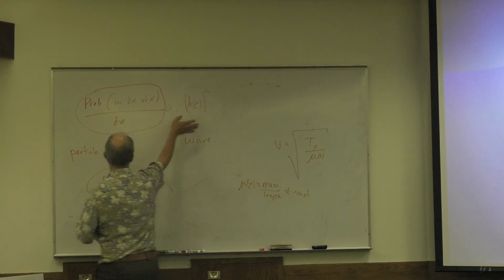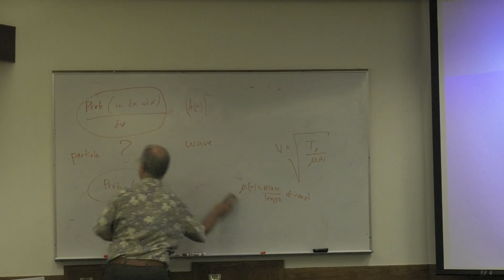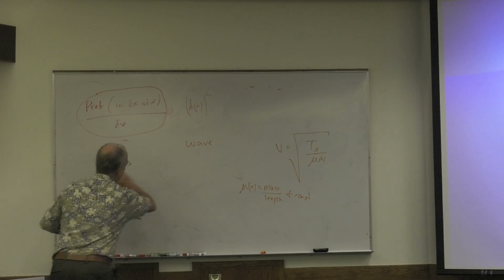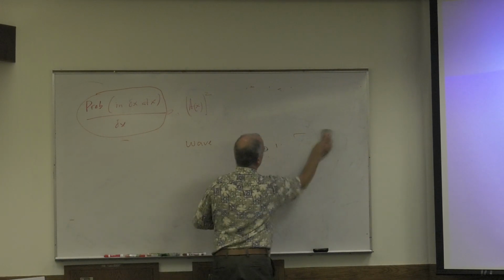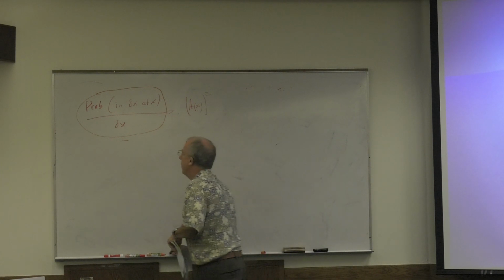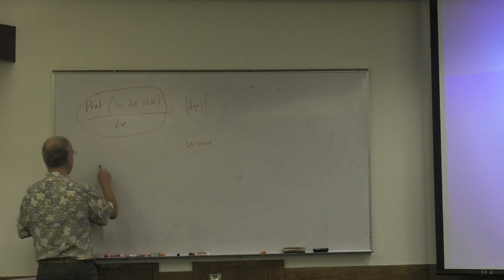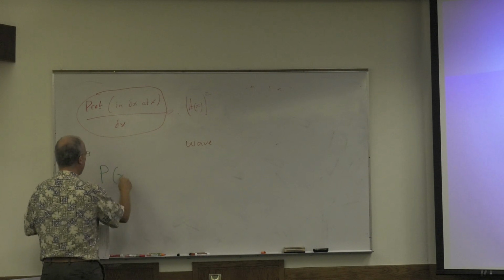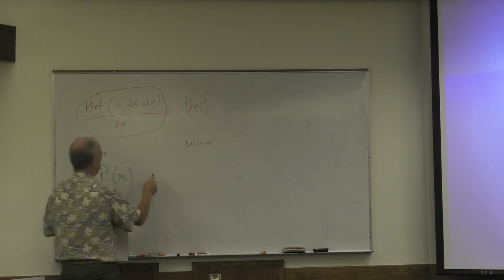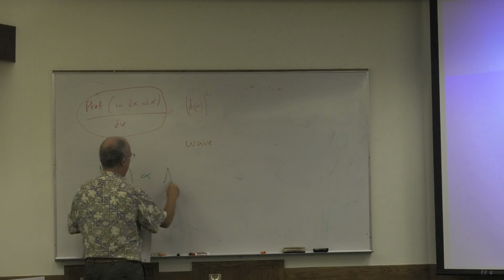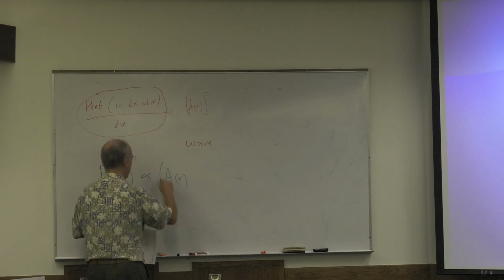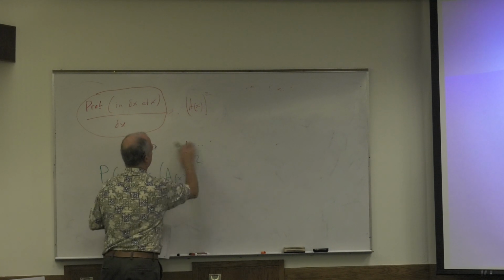So what does this equation now become? This is the probability density that we decided to call P of x. So we have P of x is proportional to the amplitude of the wave squared.